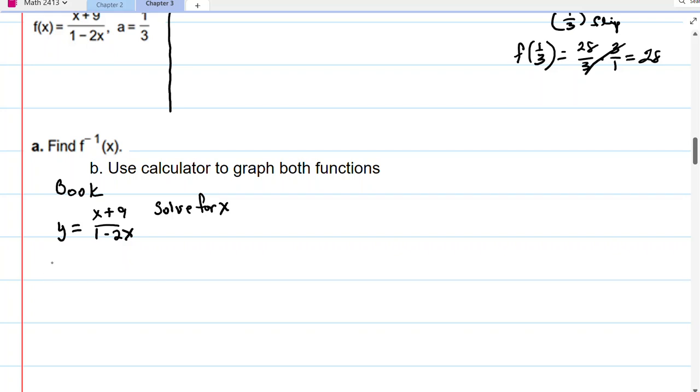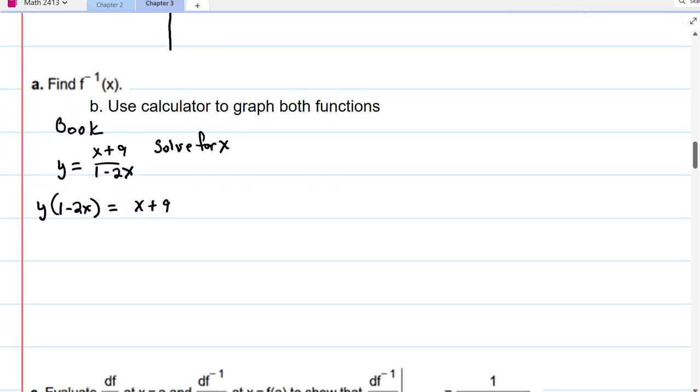So I'm going to cross multiply. And remember, I'm solving for x, so I'm going to have y minus 2xy equals x plus 9. All right, so I'm going to put all the x's on the right and all of the y's and numbers on the left. So I'm going to have y minus 9, because I'm going to subtract the 9, equals x plus 2xy.